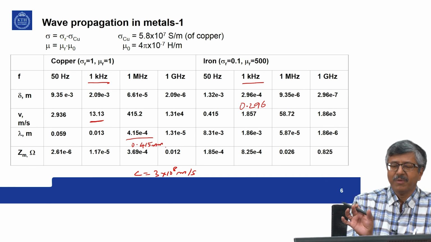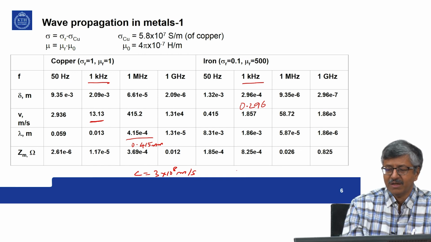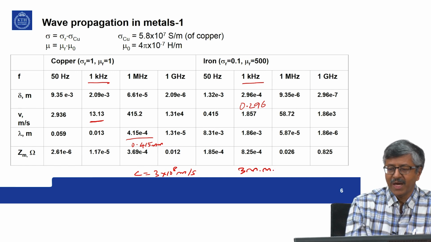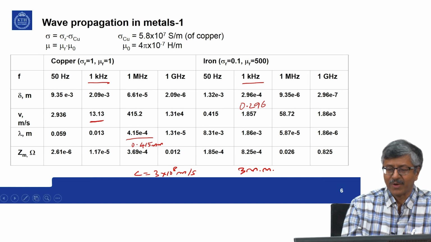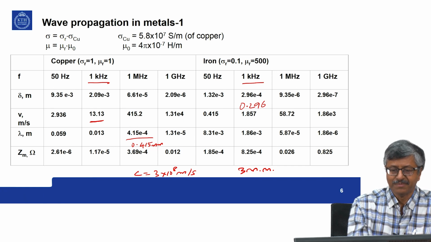So, even if you have a shield of let us say 3 millimeter thick, you will have several wavelengths already inside.